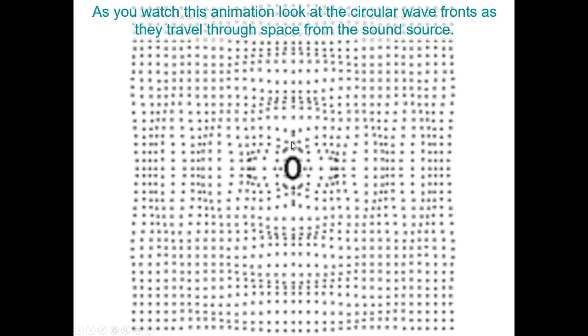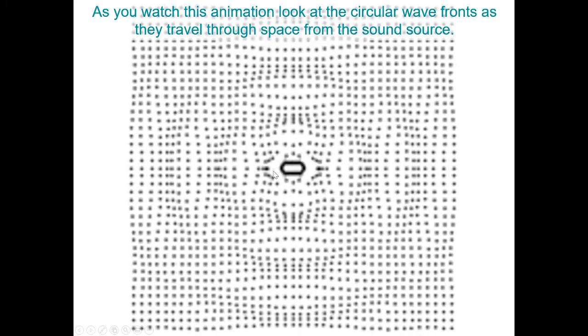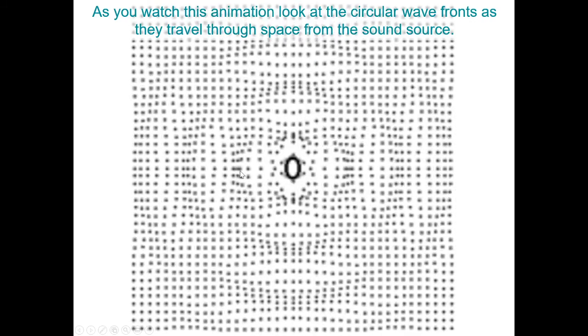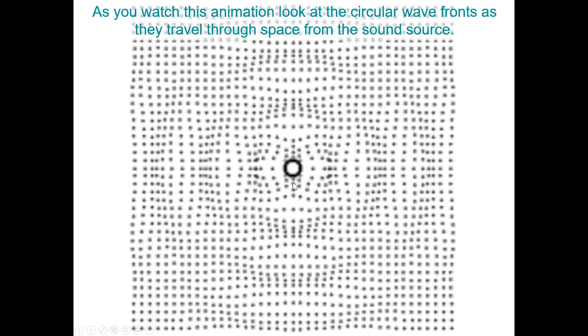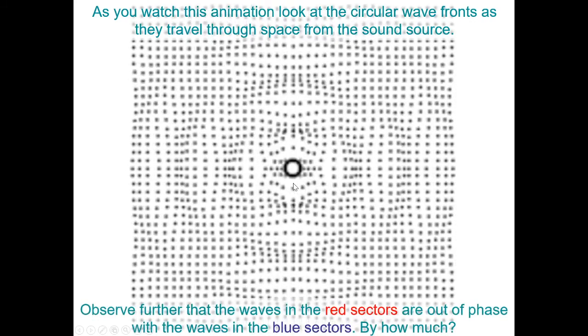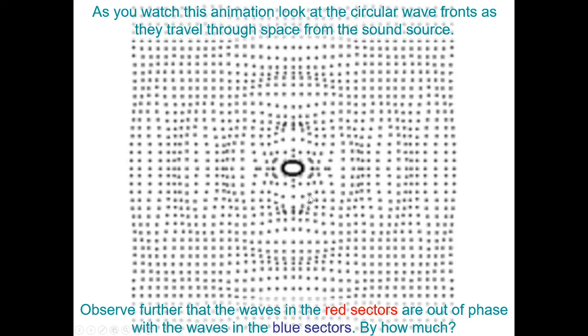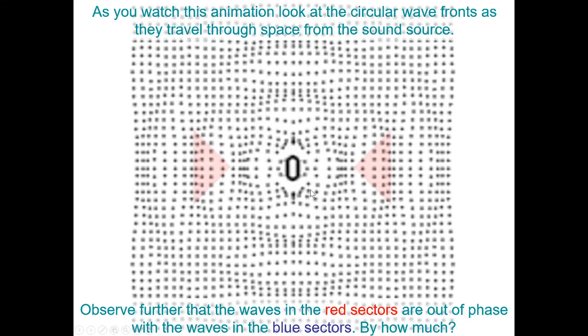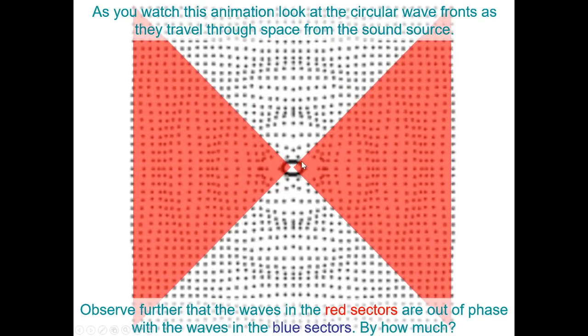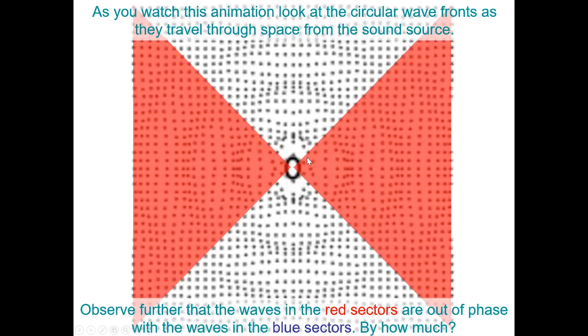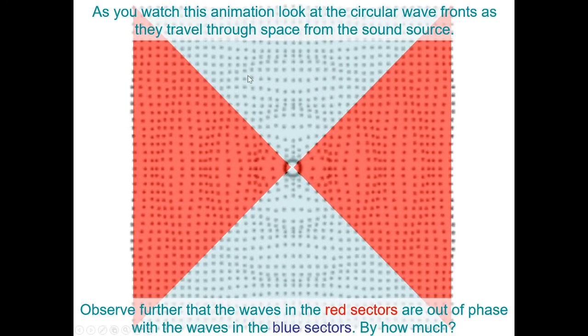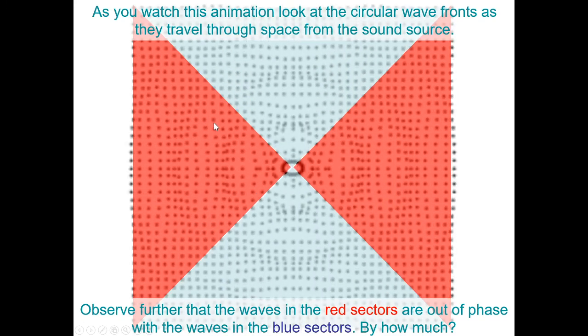Now, whenever the particles are getting compressed vertically, they are getting stretched or rarefacted horizontally. And so what we're going to notice is that the parts of the wave in the red sectors are what we call out of phase with the waves in the blue sectors. So here are the red sectors. This is the horizontal part. Here is the vertical part in the blue. Just pick any point.